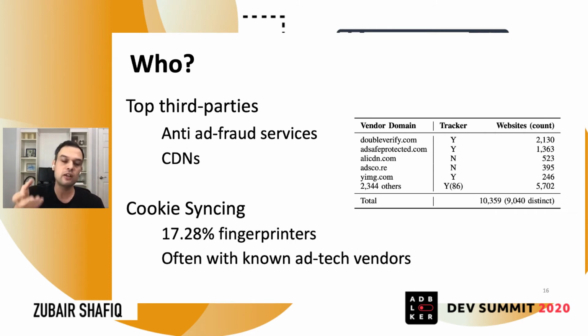So they were not just doing fingerprinting, they were also setting cookies and sharing cookies with other third parties. In fact, many of these fingerprinting domains were cookie syncing with many different advertising domains or domains which were classified as tracking by different filter lists, such as Disconnect.